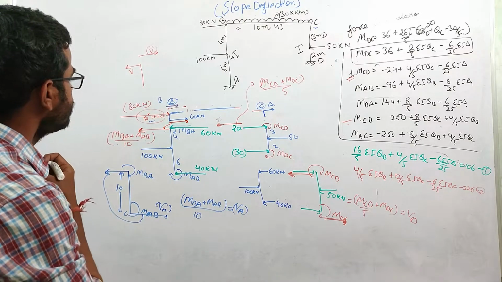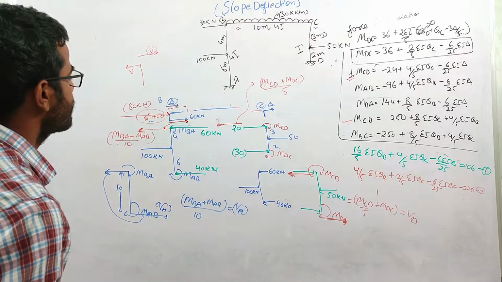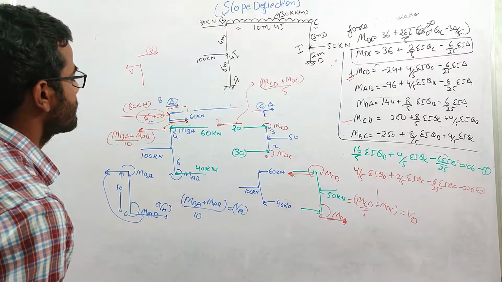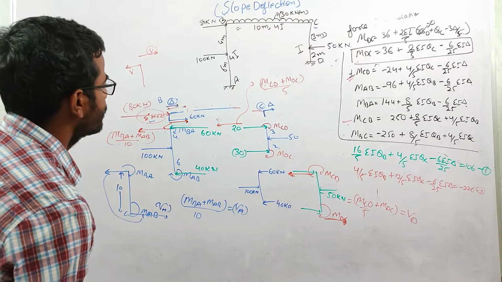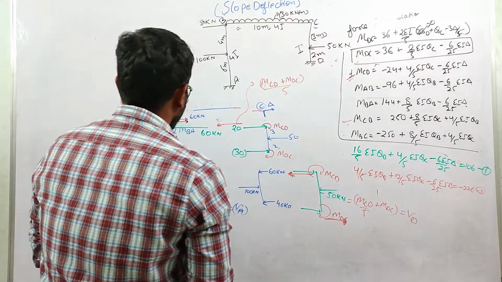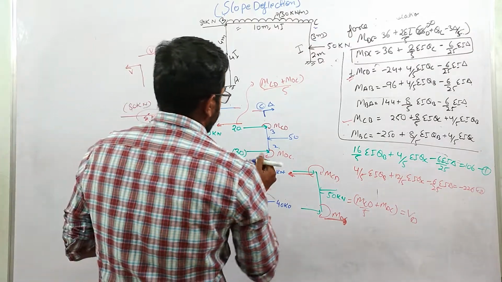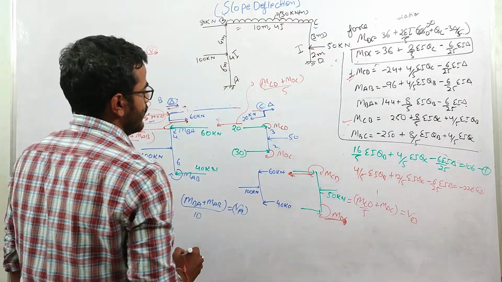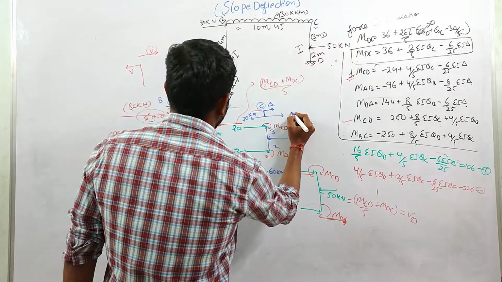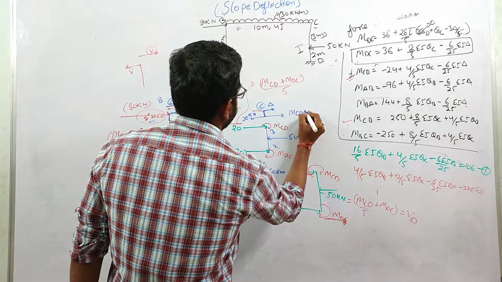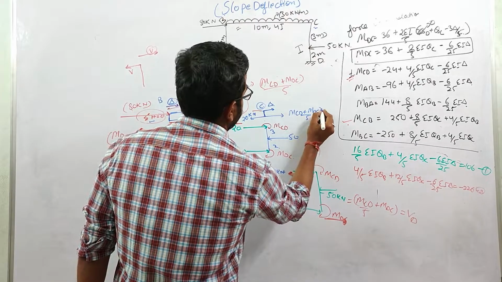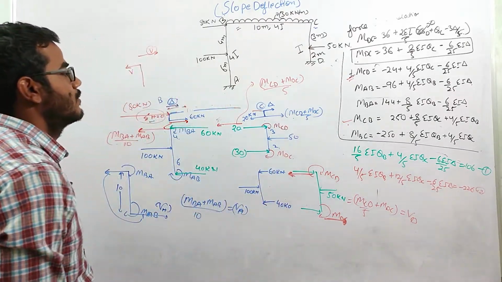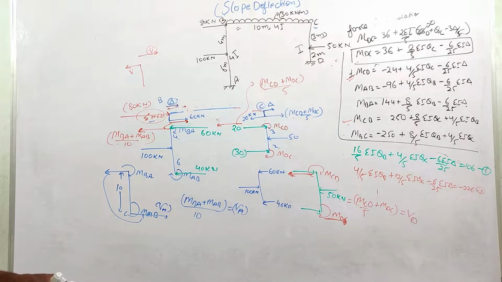Here 20 kilonewton will act like this, and at this point the force will be MCD plus MDC over 5.